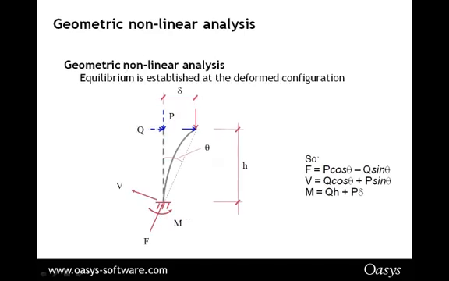When you go to non-linear analysis, you get large deflection on this column. The sum of the reactions is still going to equal the sum of the applied loads, but the individual values are going to be different depending on the angle of rotation and deflections and so on.